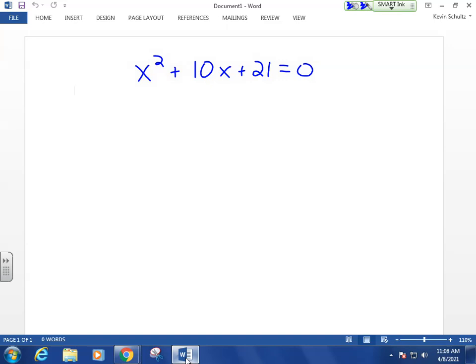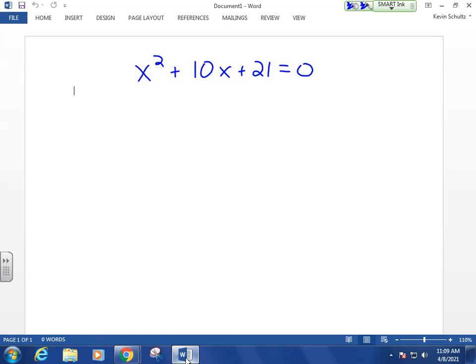We can't use opposite operations here because we have two x terms that can't be combined. That's a problem as far as opposite operations is concerned. But I waited until after we finished PO49 and PO50 because our first step is going to be factoring. Good job. So go ahead and factor x squared plus 10x plus 21.